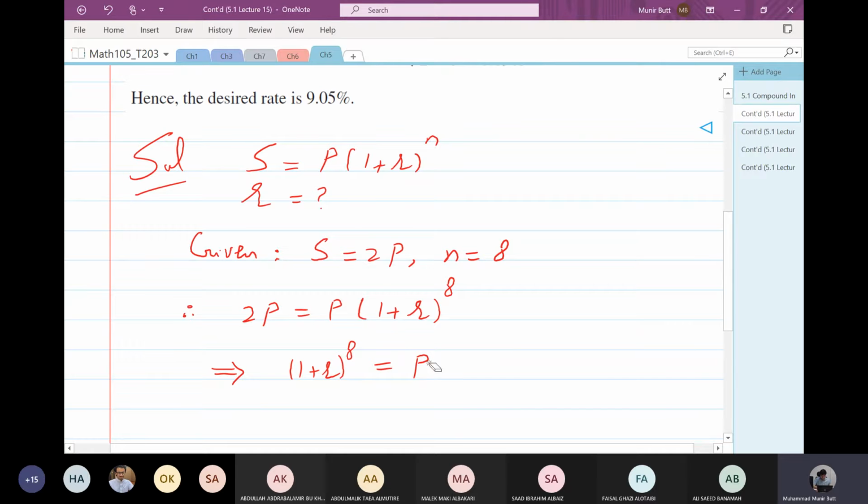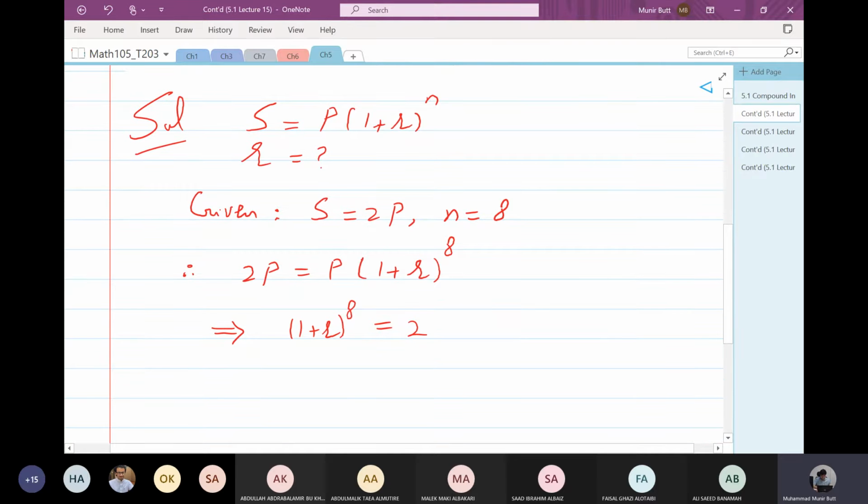Sorry, P divided by TP, the answer will be 2, and this implies 1 plus R to the power 1 by 8, or 2 to the power radical of 8.